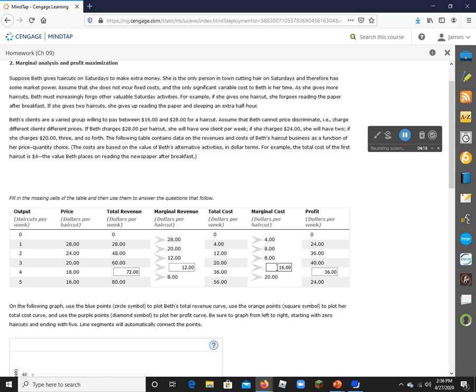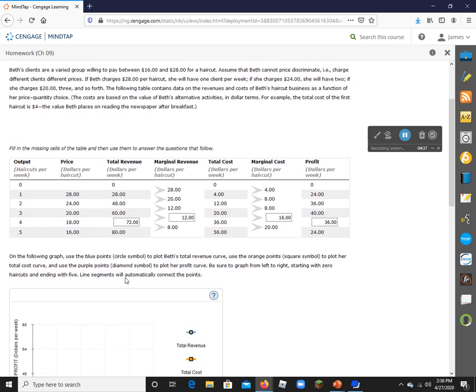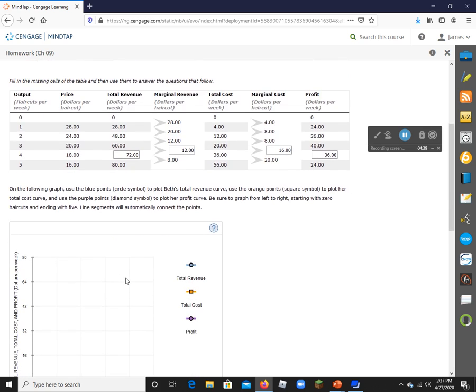Here, the marginal cost of that fourth haircut is $16. That's higher than the $12 in marginal revenue she gained, so she won't do that haircut. She'll do something between 3 and 4 haircuts, and in this case she can't do half a haircut, so she'll do 3 haircuts. Okay. On the following graph, use the blue points to plot Beth's total revenue.